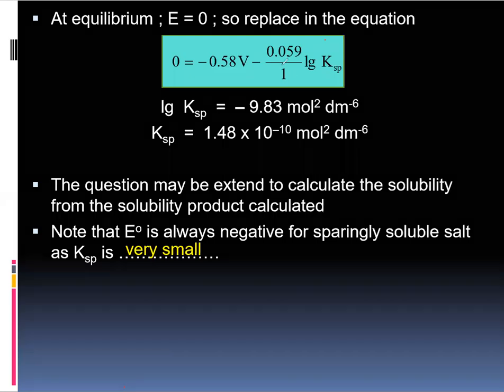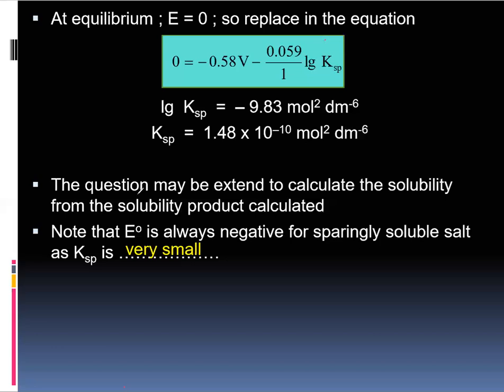Of course, n is 1, so it remains 0.059. Divide both sides by this value so that log KSP can stand alone. I'm going to have log KSP equal to this value. This is just simple mathematics. So to find KSP, I'll find the antilog of this value. I told you how to find antilog. If you find the antilog, you are going to arrive at this value. So make sure you pick up a calculator and try this out yourself.